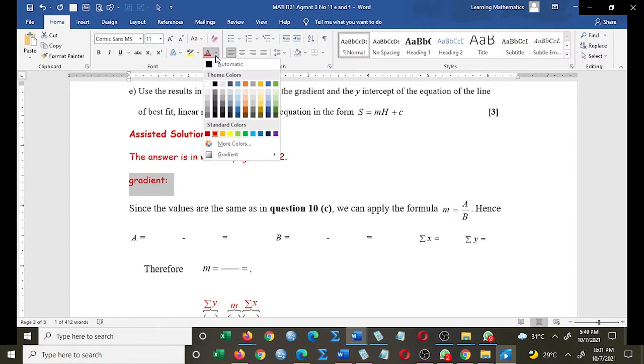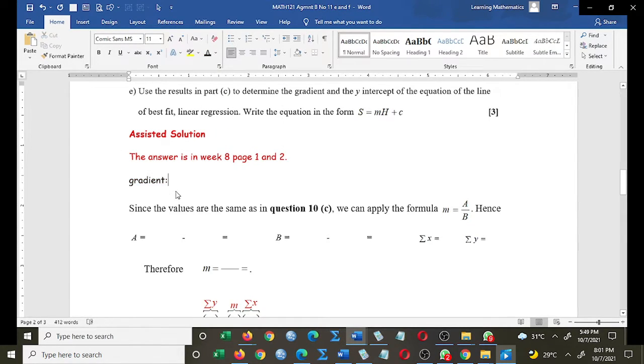So the formula for gradient we are going to use, here it is.